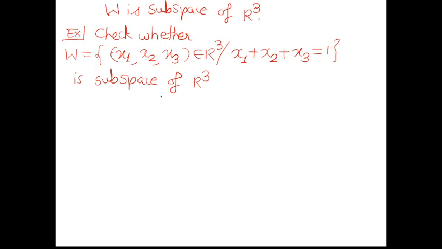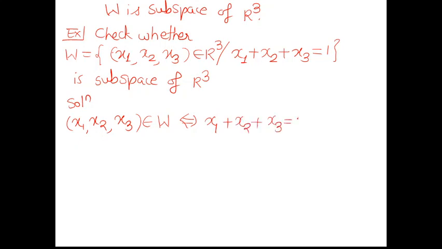Why? I will show here why. Given W is this, let us write what it means. What are the elements of W? Elements of W are in the form of triplets. So x1, x2, x3 belongs to W if it satisfies the condition that x1 plus x2 plus x3 is equal to 1.